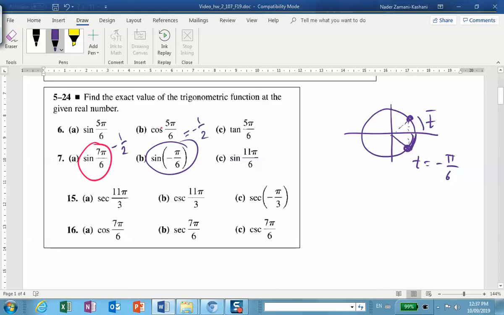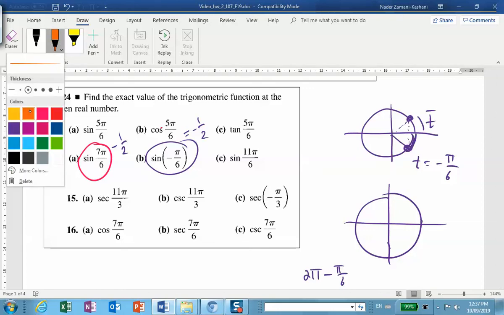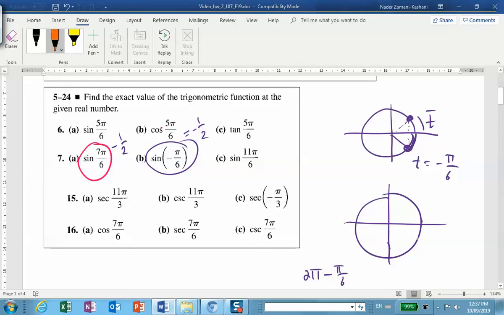Where does 11 pi over 6 land you? 11 pi over 6, you can think about it as 2 pi minus pi over 6. So you go by 2 pi in the counterclockwise direction, and then you back up. You're going to end up in exactly the same location. So this is 11 pi over 6.